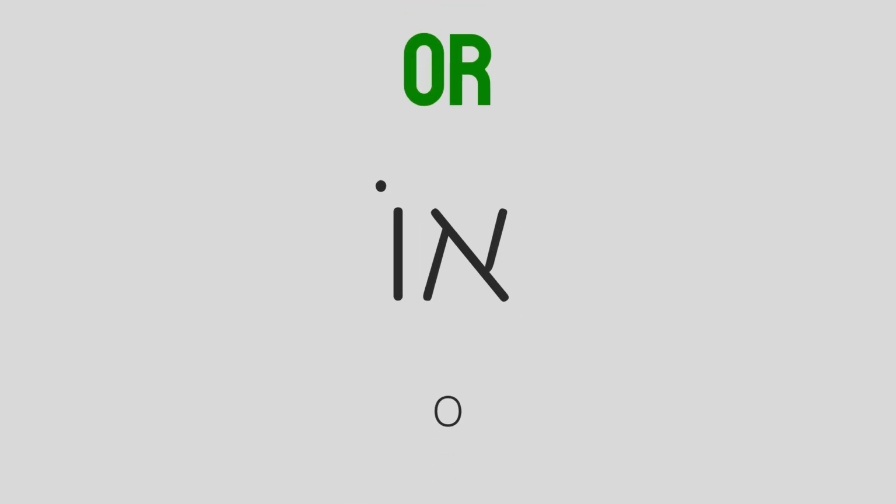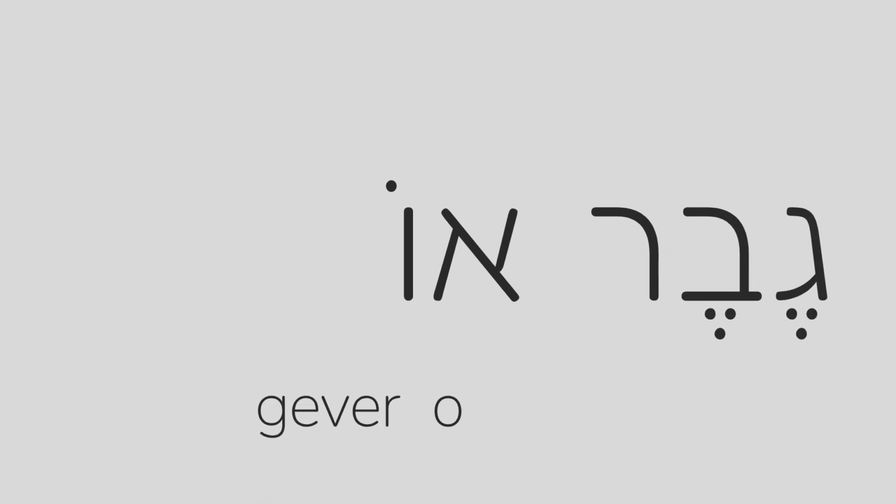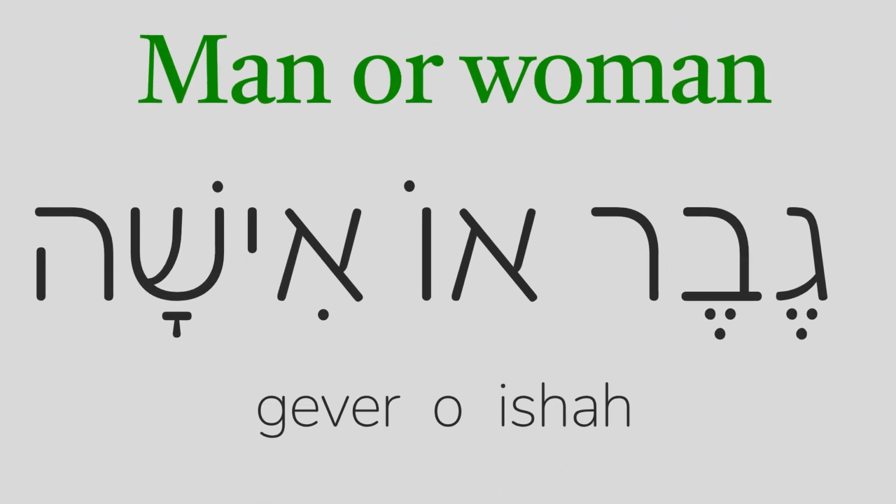O does not attach directly onto another word, it's just its own separate word. We can say gever o isha, man or woman, with all 3 words separate in the Hebrew.